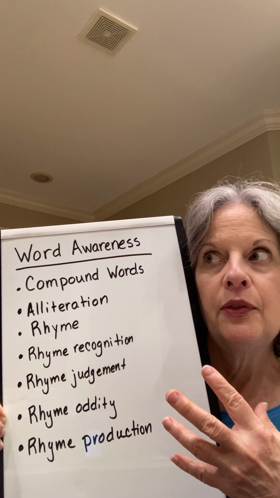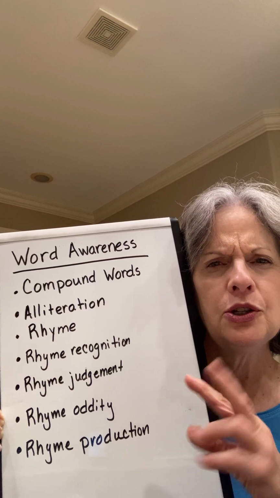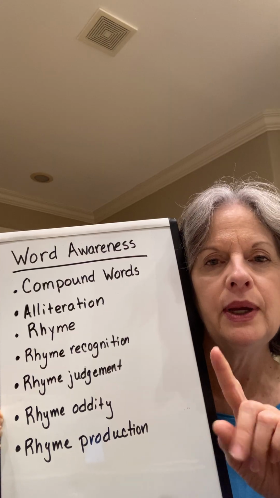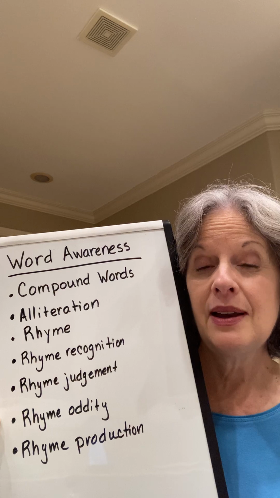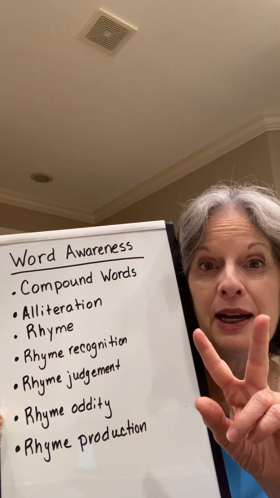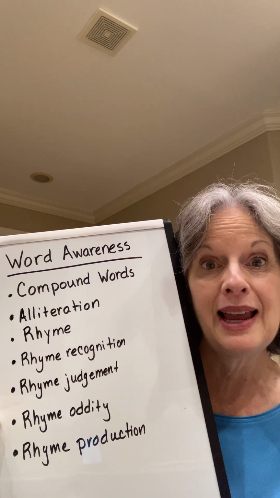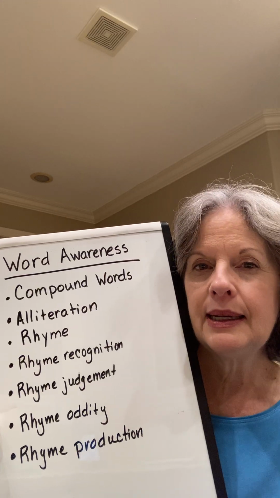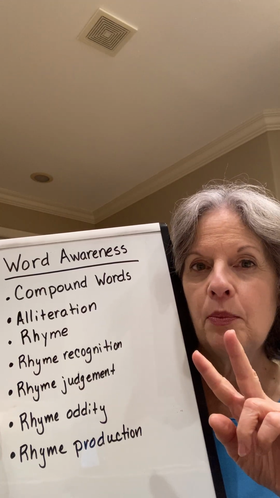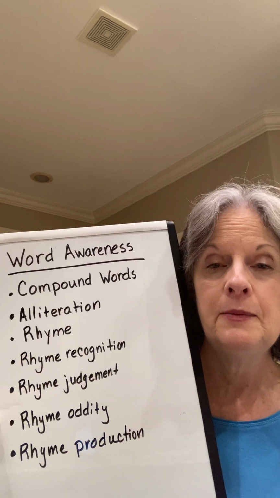You could talk about the word airplane. What two words are in airplane? We have air and we have plane. Those are words by themselves, but if we put them together, it's airplane. And that just helps them begin to hear that things can be taken apart or segmented.